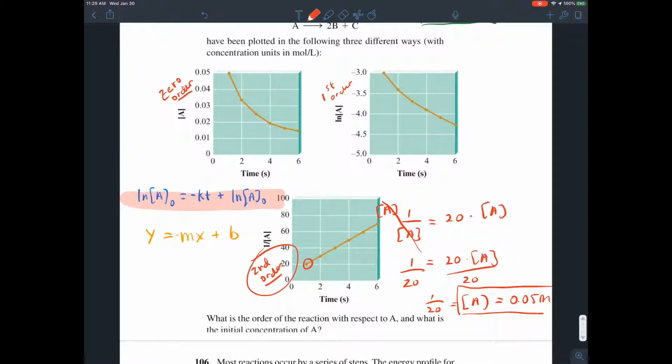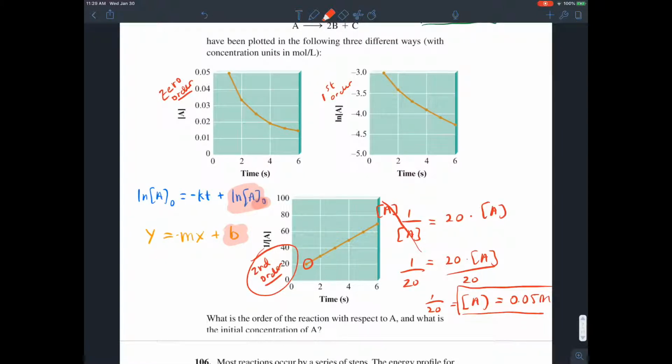So what I would take from this is that the slope and the y-intercept represent very important parts of these equations. Let's look at the different parallels. B, which represents my y-intercept here, is analogous to the natural log of A initial. So we had to solve for the y-intercept to figure out what my initial concentration was, which is what we just did.